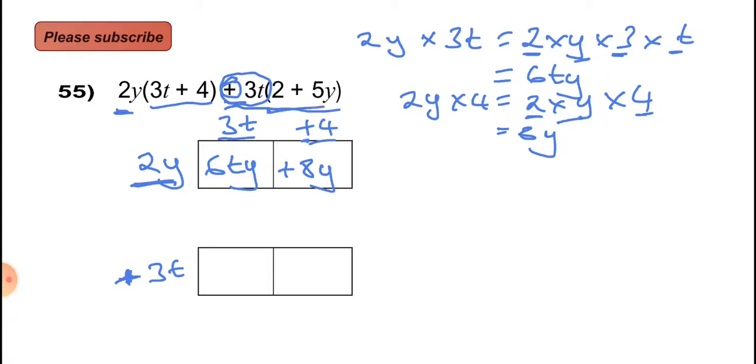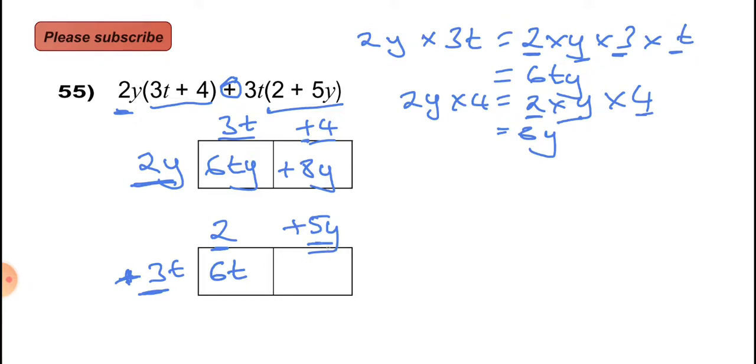So then I can see 2 plus 5y. So positive 3t times 2 is 6t, it's positive, and plus 3t times plus 5y is going to be positive.